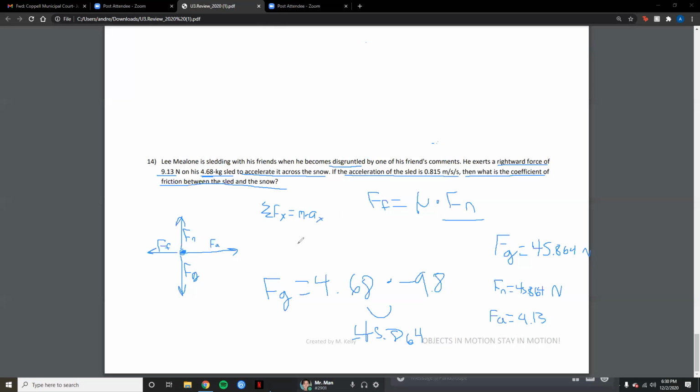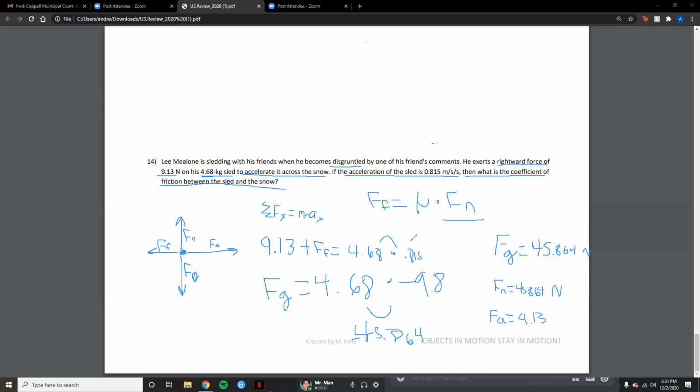All right, so 9.13 plus whatever F of f is equals, what's our mass of the sled? 4.68 times, we didn't find acceleration. Yeah, we did. The acceleration is given. It says it right there. 0.815.